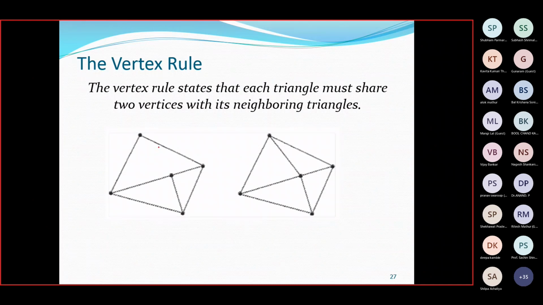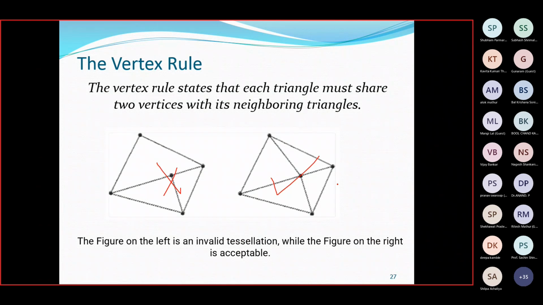According to the vertex rule, two vertices are not shared by this triangle with its neighbor. Two should be common, but that is not there. That's why this is invalid modeling. This is correct modeling, so you have to go with this modeling. You should not go with the other one. In this one, it is sharing two vertices with each and every triangle.